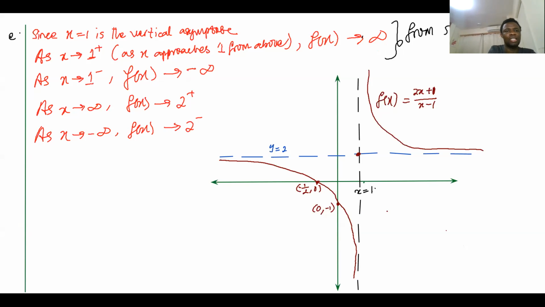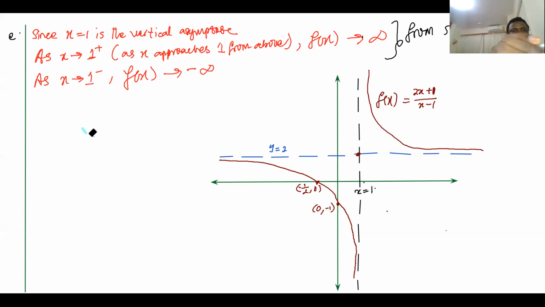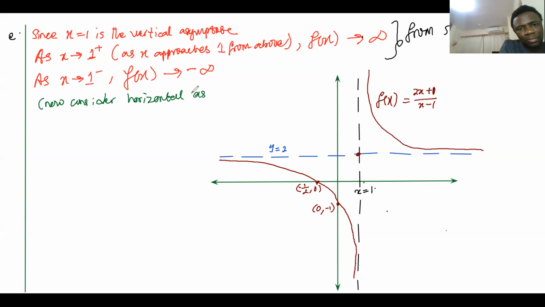For the other part, you consider your horizontal asymptote. So I'm going to write that clearly. Now consider the horizontal asymptote, which is y equals 2. This has nothing to do with x equals anything.